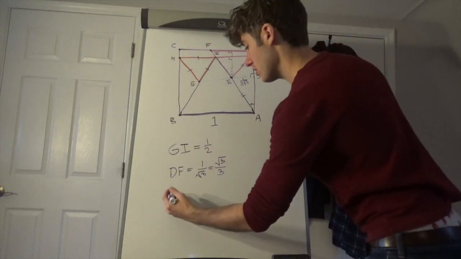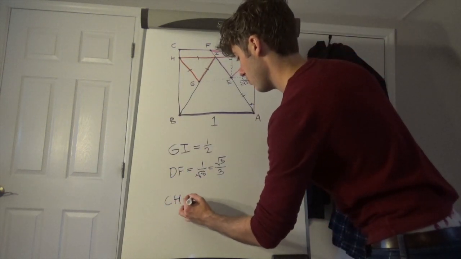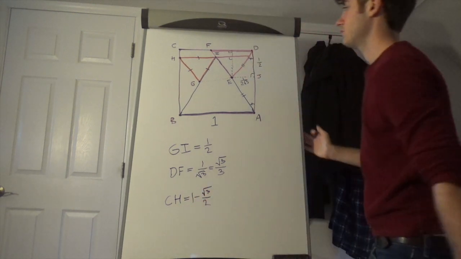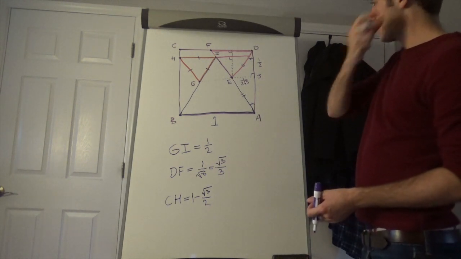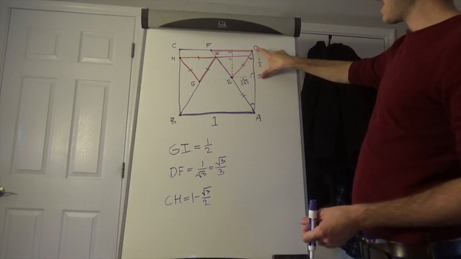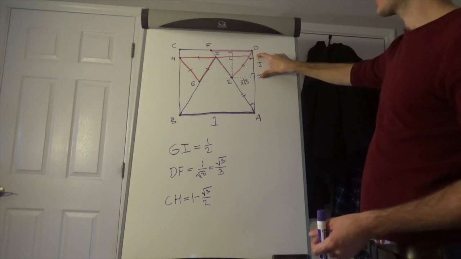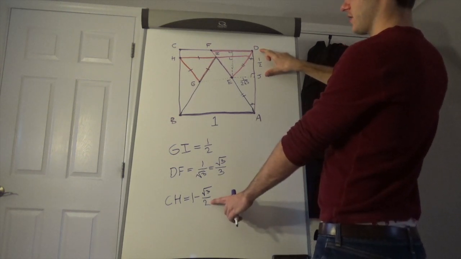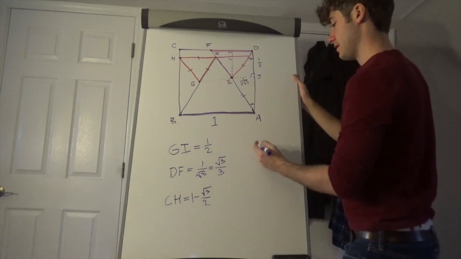So CH is precisely 1 minus the square root of 3 over 2. Which means that the height of this new pink triangle is 1/2 minus the quantity 1 minus root 3 over 2, because we're simply starting with 1/2 and taking away this amount.